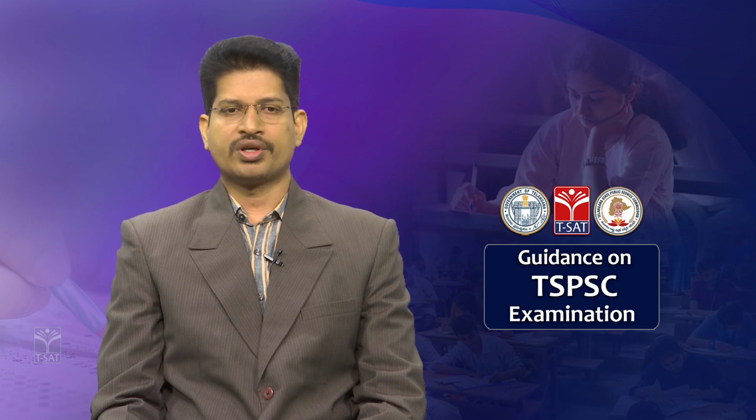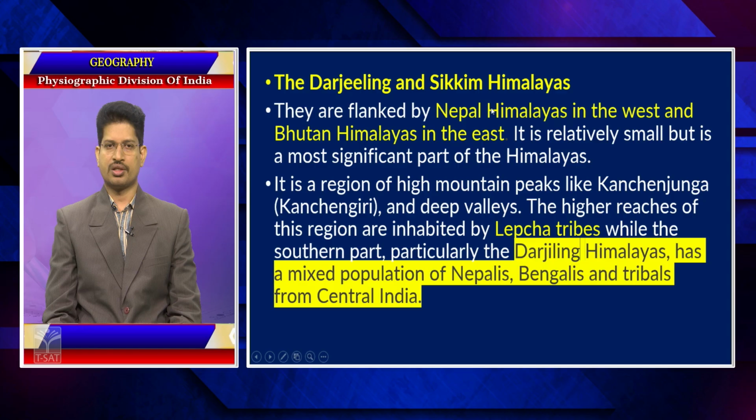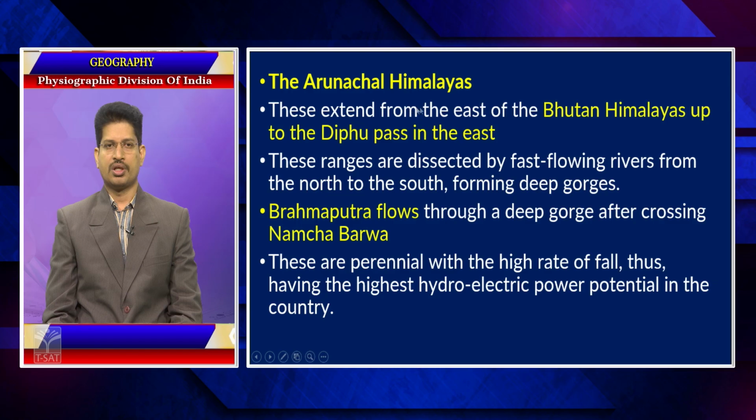So these are the different regions of Himalayas, the Darjeeling and the Sikkim Himalayas. Next, the Arunachal Himalayas extend between the Bhutan Himalayas and the Diphu Pass in the east. Through this region, in the plain region of Assam, the Brahmaputra flows through deep gorges after crossing Namcha Barwa.